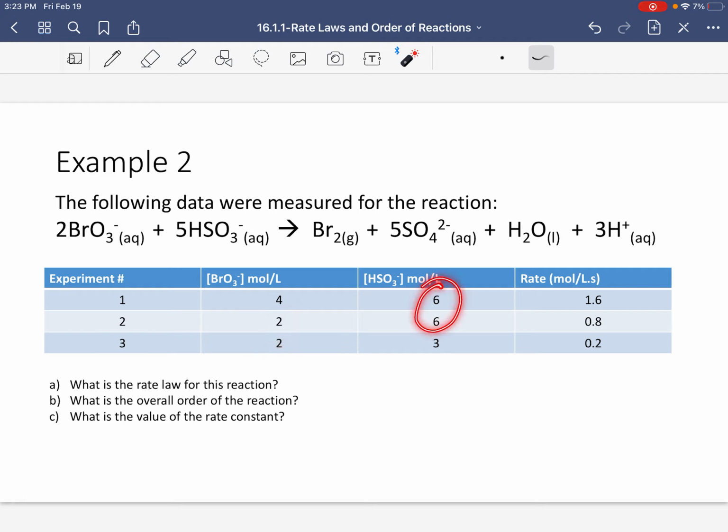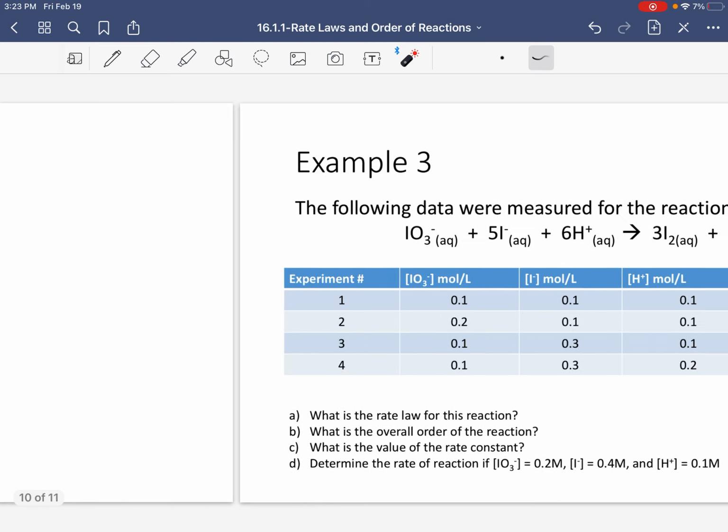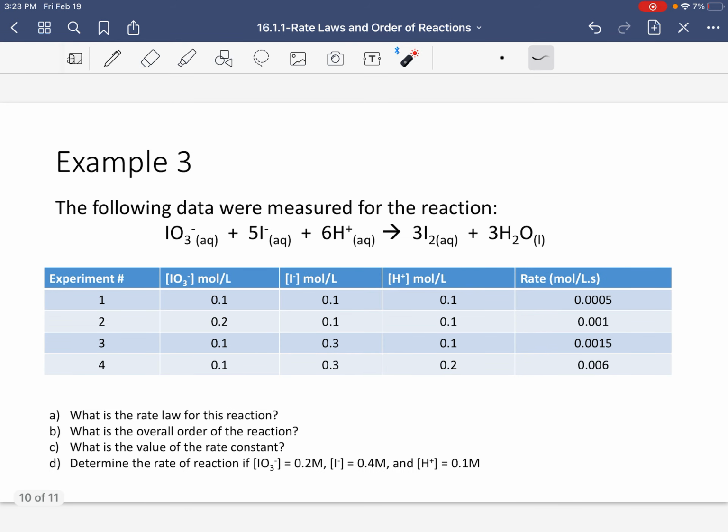Keep these constant, change these, what is it going to be? Same thing as the last question. But this is big time. Why? Because if you look at the rate expression right here, rate is equal to K times IO3, iodate, to the power of A, times iodide to the power of B.